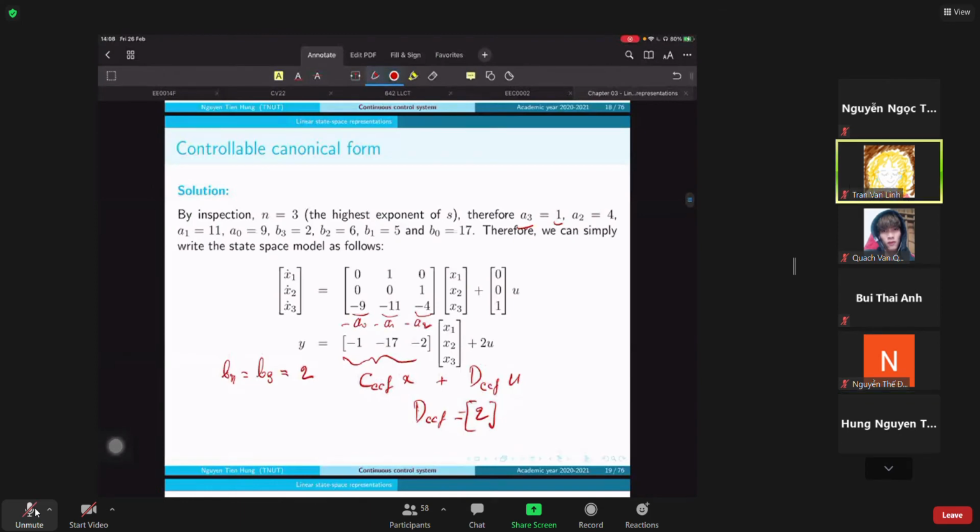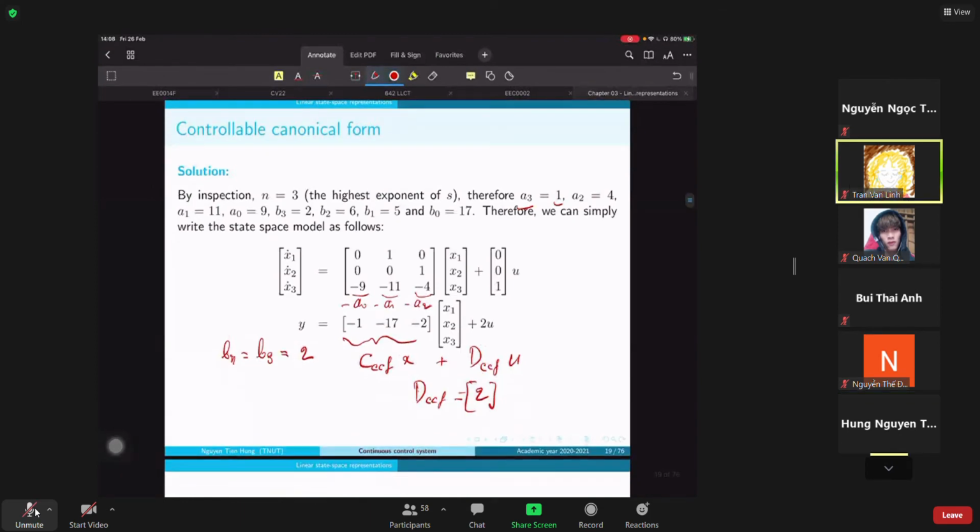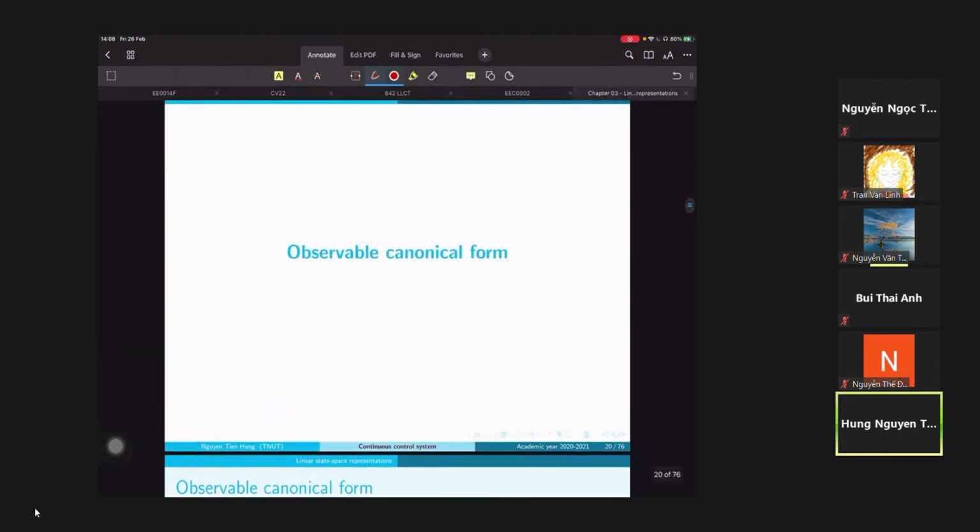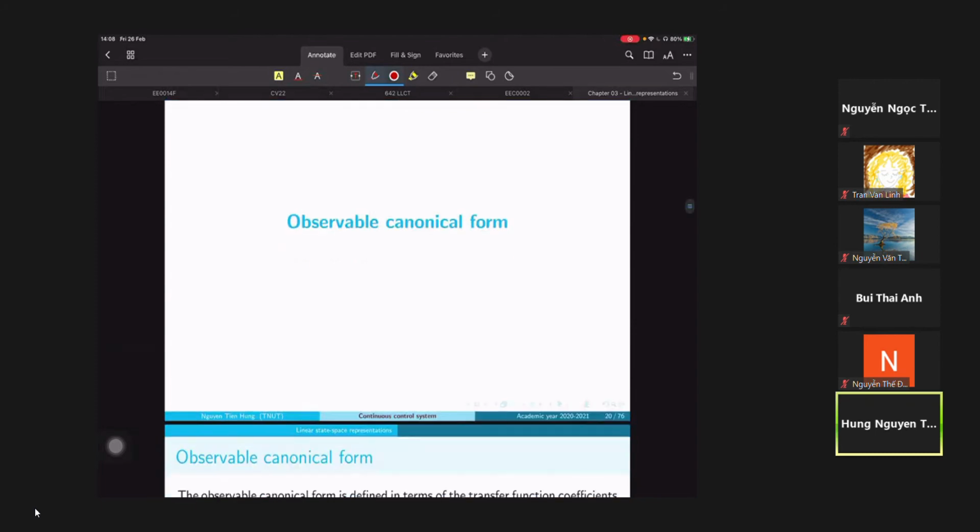Okay, now we move on to the next form. We call this the observable canonical form. But actually, this form is almost the same as the previous one, but now we transpose the matrix a little bit, so it looks like this.